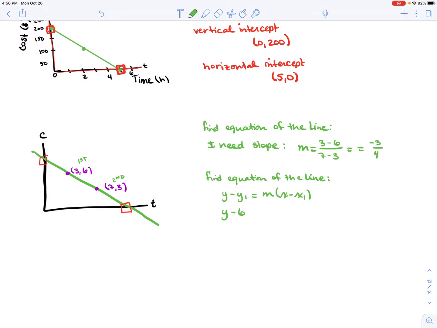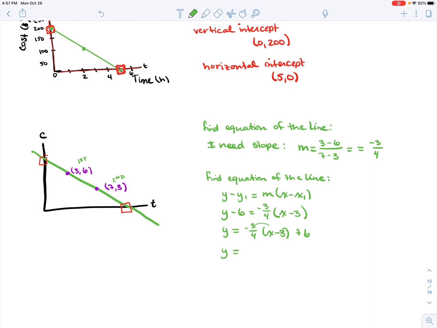So y minus 6 equals my slope minus 3/4 times x minus 3. I need to bring my 6 to the other side, so add 6 to both sides. I get y equals minus 3/4, x minus 3, and then of course plus 6.